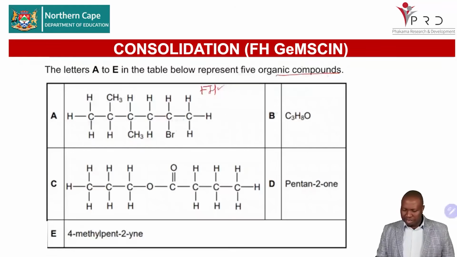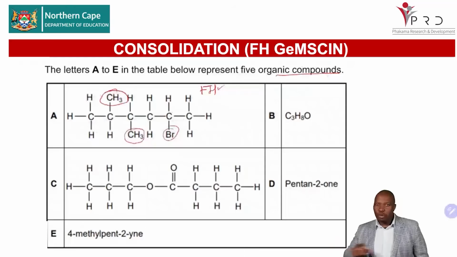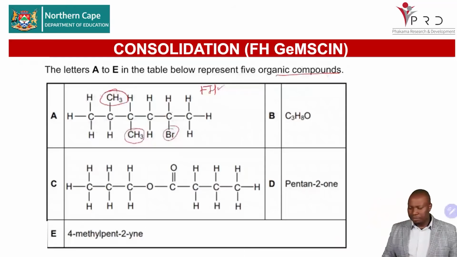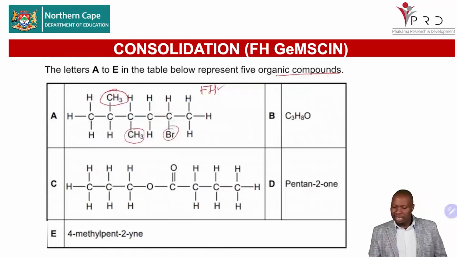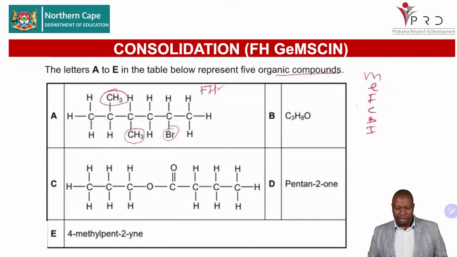You can see we have a substituent called bromo, we have another substituent called CH3, another substituent called CH3. So you can see I'm treating CH3 and bromo the same as substituents because I've already emphasized the FCBI there, to say these ones we're going to treat the same in a structure.